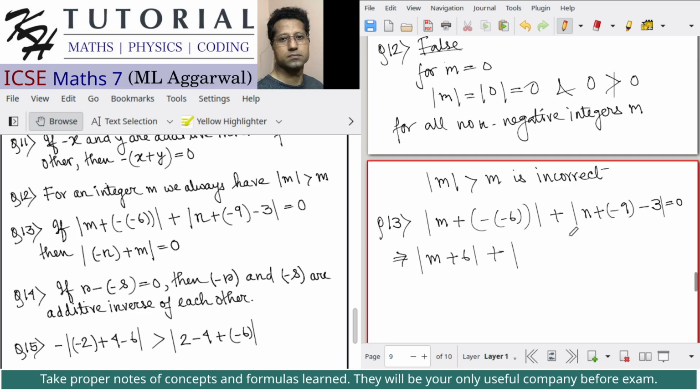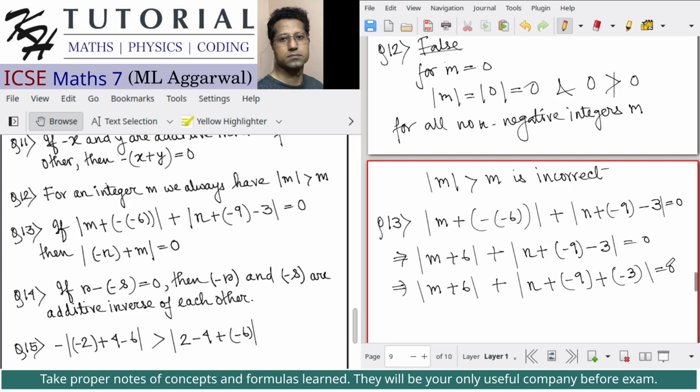Then let's simplify the second term, n plus -9 minus 3, which can be converted into addition as n plus negative of 3.